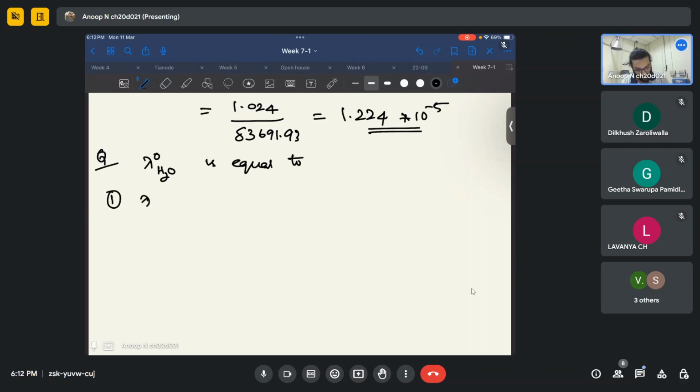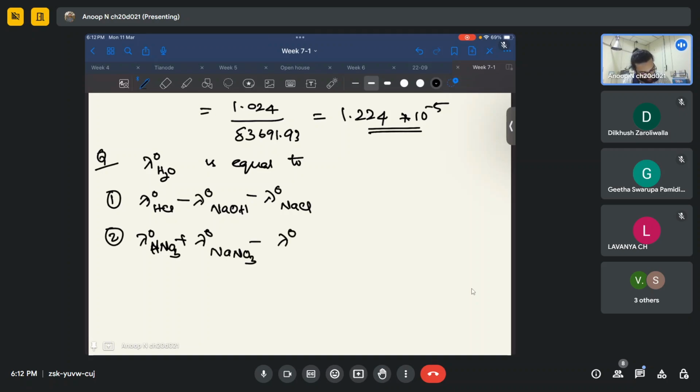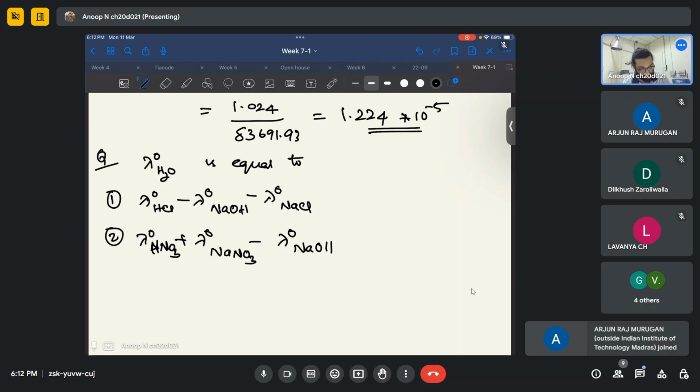First, lambda 0 HCl plus lambda 0 NaOH minus lambda 0 NaCl. Second option is lambda 0 HNO3 plus lambda 0 NaNO3 minus lambda 0 NaOH.